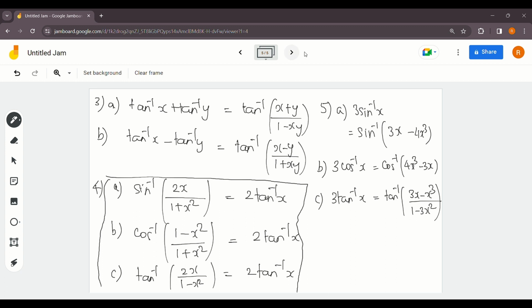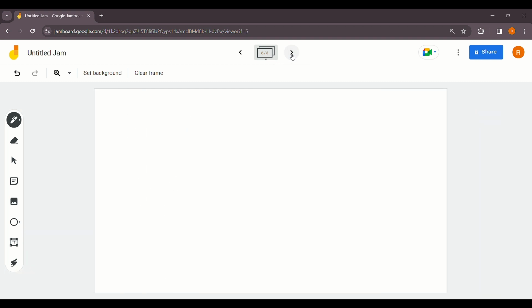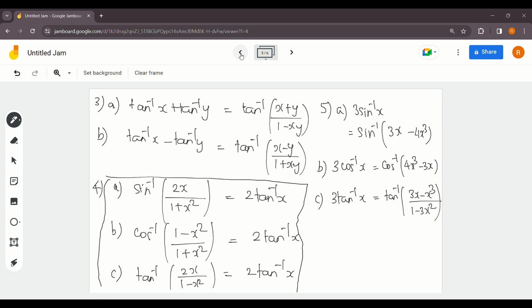So next, last important thing, we are going to see some half angle properties. But before we see half angle properties, I would like to write some more important formulas which will be very useful. Of course, these were the formulas that you have already learned in your 11th standard.